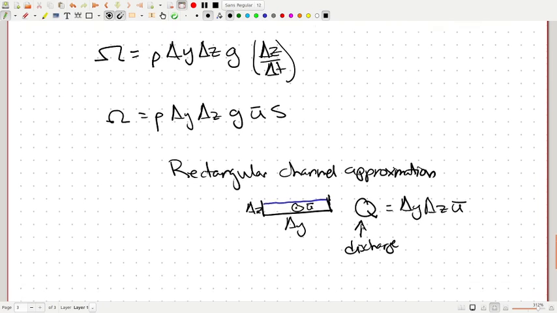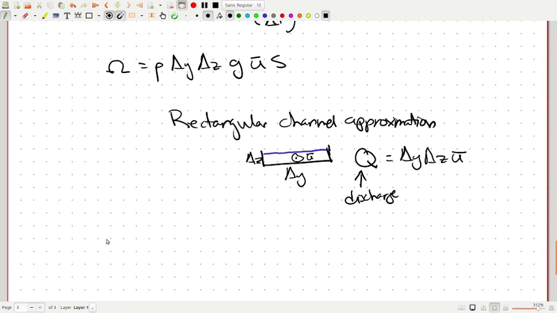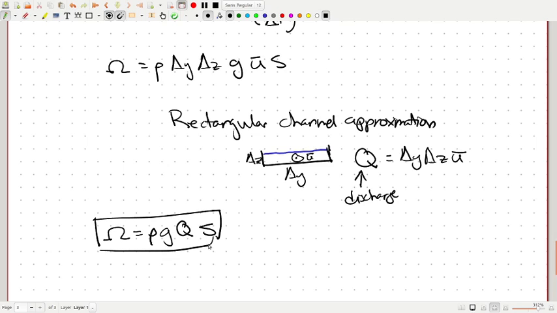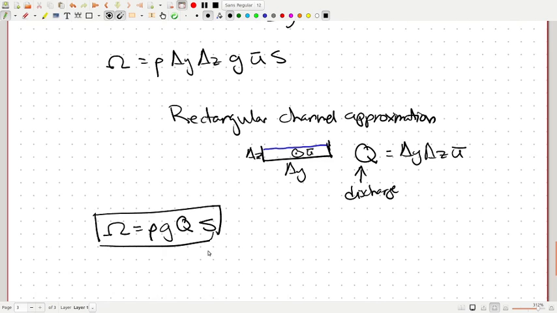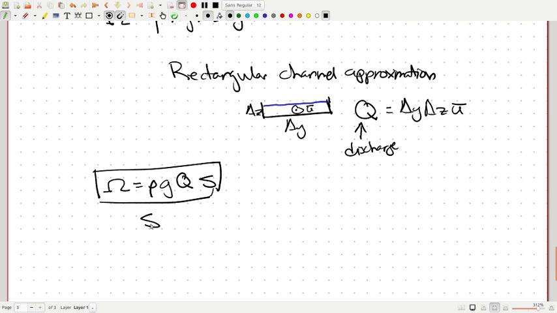And so now we can substitute this in and make the whole stream power equation look much neater and nicer. So we now have omega is equal to rho g, and then I'm going to lump delta y, delta z, and u, so I have Q, and the last term is slope. And this, everyone, is the equation for stream power.